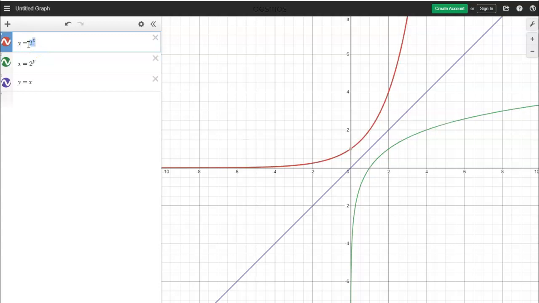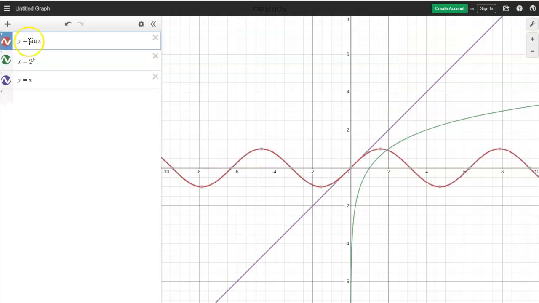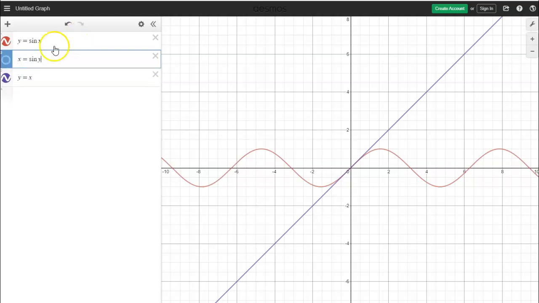Same thing, let's see what other functions we can put in here. Let's say sine of x, right? We get into trigonometry, right? And here's what sine looks like. It's a wave. Well, what does the inverse look like? x equals sine of y. Looks like that. It really doesn't matter what the shape is or what the graph looks like at all. The inverse is always just going to be a flipped over version of the original graph.